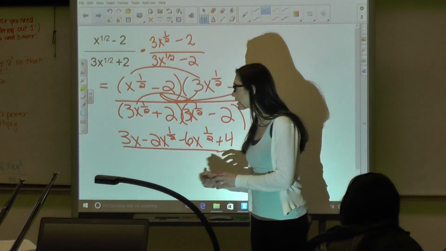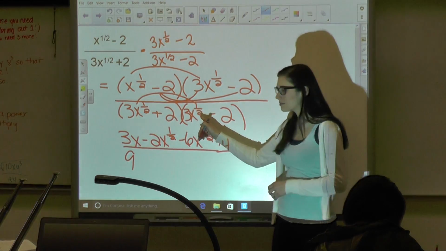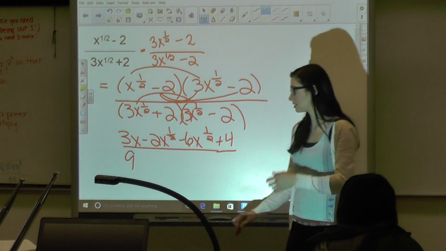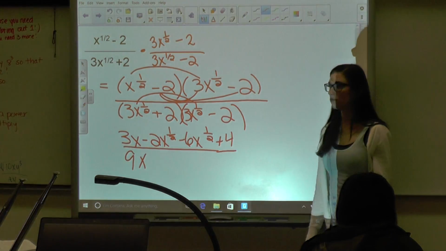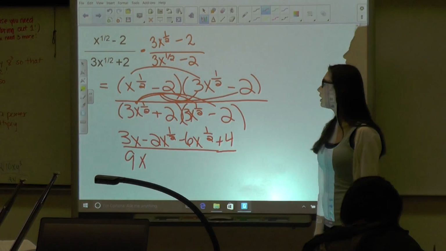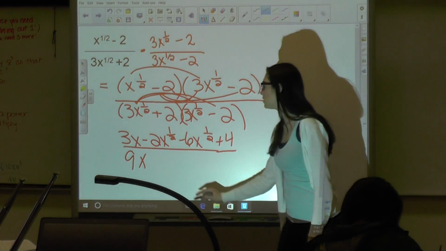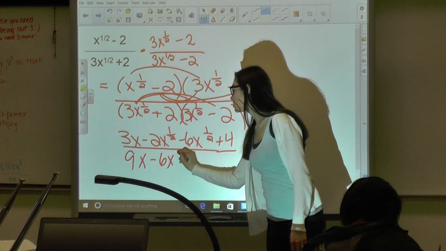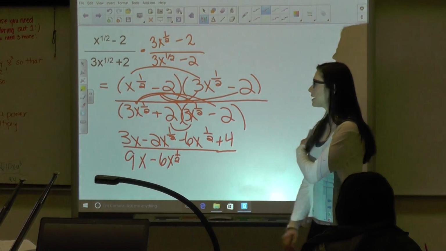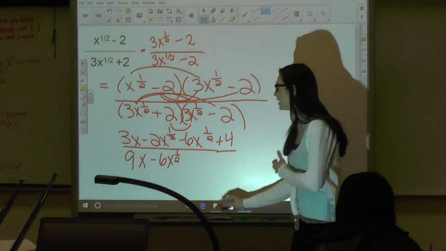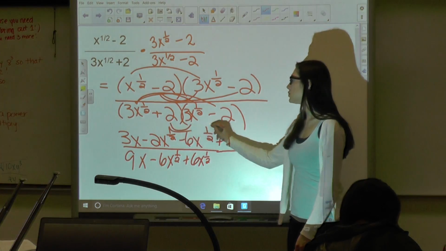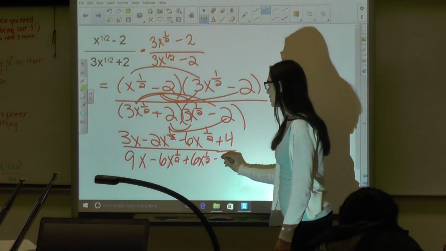So 3 times 3 gives you the 9. x to the power 1/2 times x to the power 1/2 is x to the power 1/2 plus 1/2, which is x to the power 1, which is just x. 3x to the power 1/2 times negative 2 is negative 6x to the power 1/2. 2 times 3x to the power 1/2 is positive 6x to the power 1/2. And 2 times negative 2 gives you negative 4.